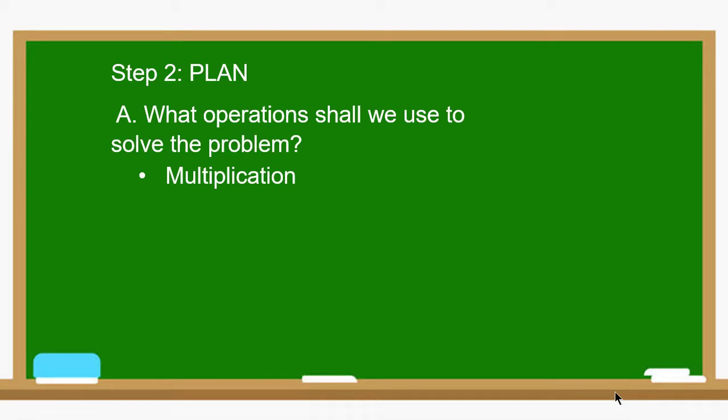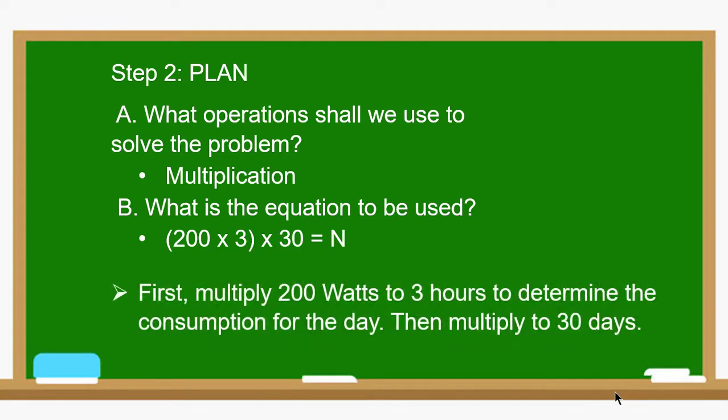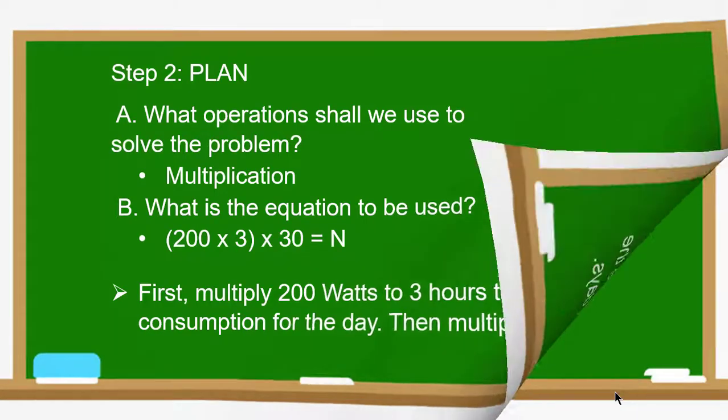Letter A. What operation shall we use to solve the problem? Multiplication. Letter B. What is the equation to be used? 200 times 3 times 30 equals the answer. First, multiply 200 watts to 3 hours to determine the consumption for the day, then multiply to 30 days.